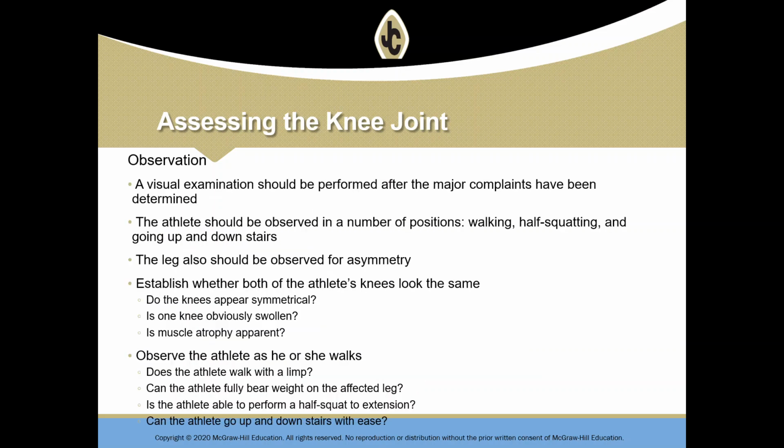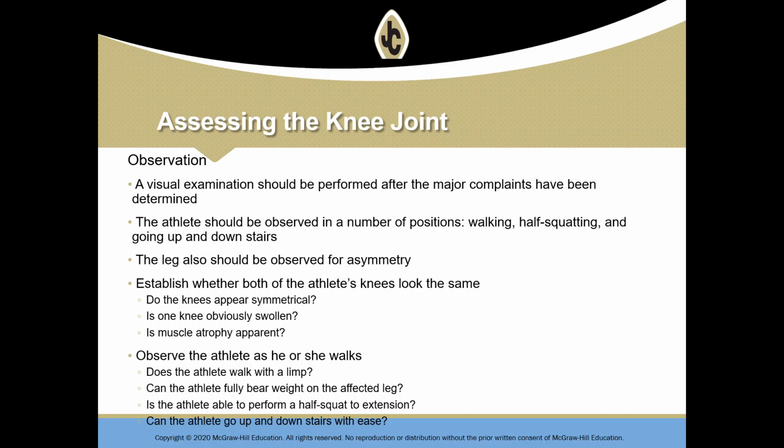Okay, observation. So now we're looking at the patient, doing a visual examination of the major components. The athlete should be observed in a number of positions: walking, half squatting, and going up and down stairs. The leg should also be observed for symmetry. So you'll look and make sure that with both their quads, one side is maybe not as strong as the other.